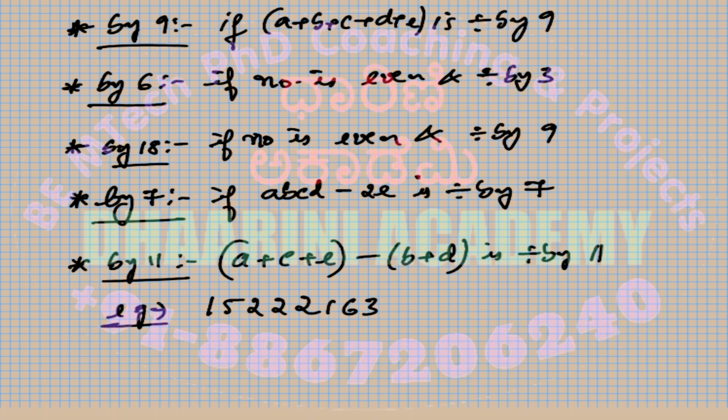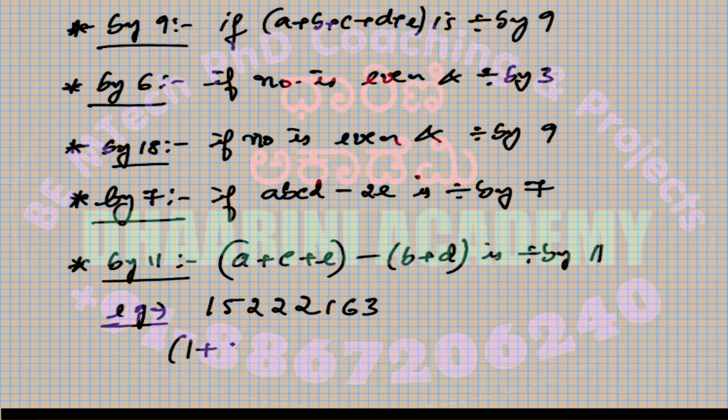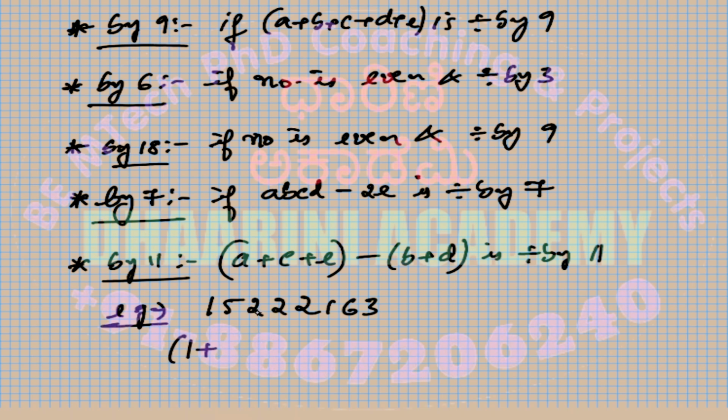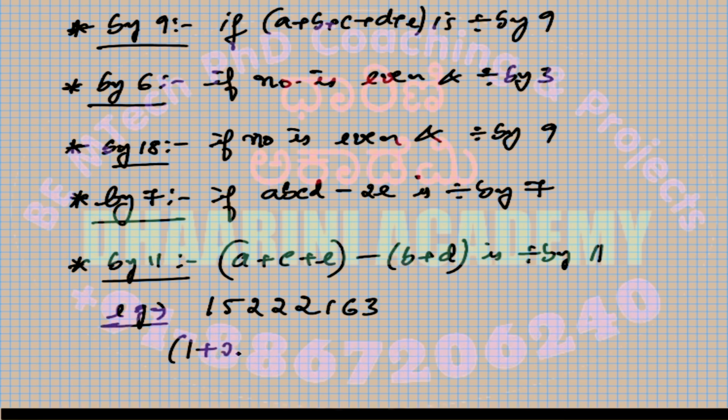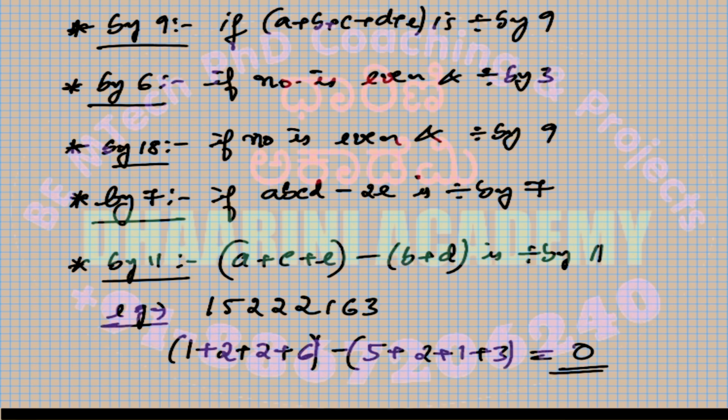So the calculation that we are going to perform is 1 plus 2 plus 2 plus 6, odd index numbers, minus the even index numbers, that is 5 plus 2 plus 1 plus 3. This answer comes to be 0, right? So 0 is actually divisible by 11, right? So 11 into 0 is 0. So it is divisible by 11, means yes, the answer is divisible by 11, right?